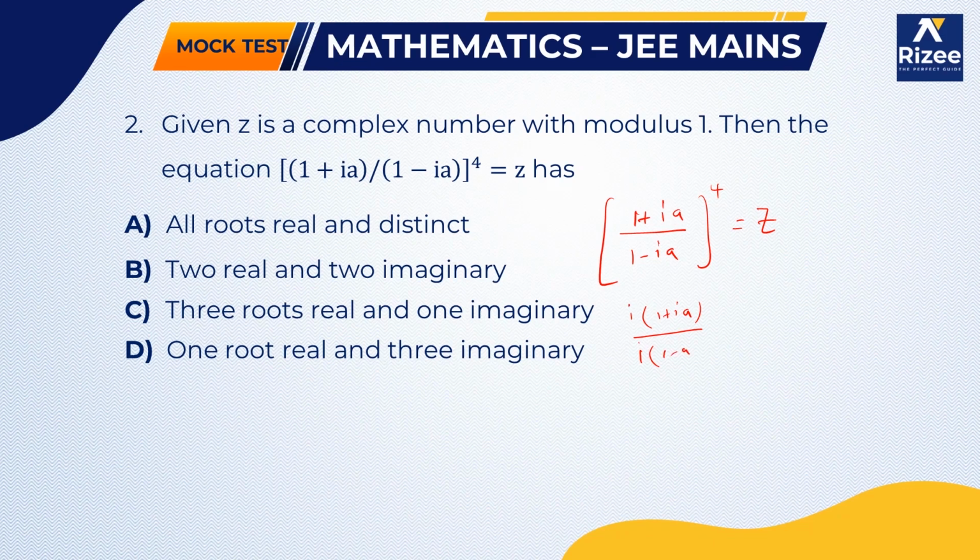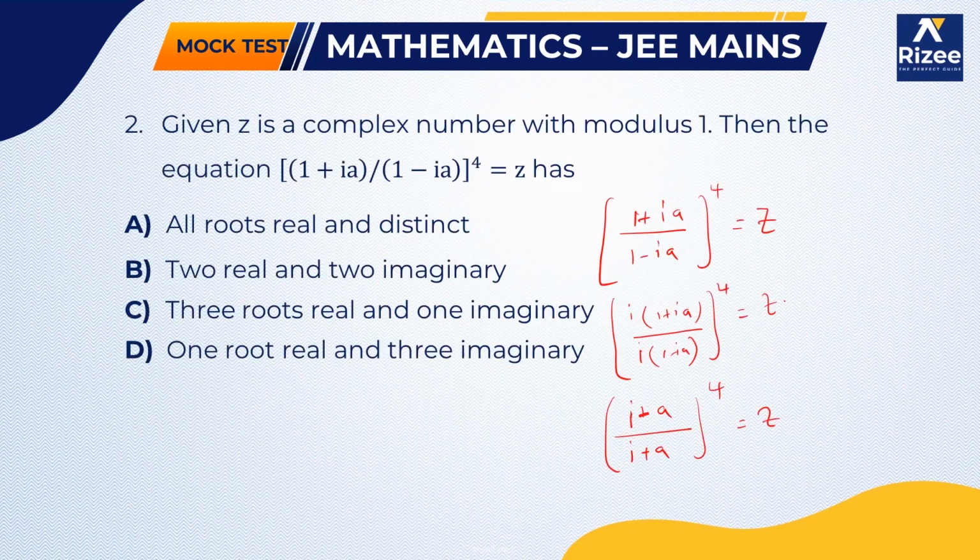Multiplying, i plus i square a, and as i square value is minus 1, we get (i minus a) by (i plus a), whole power 4 equals z.